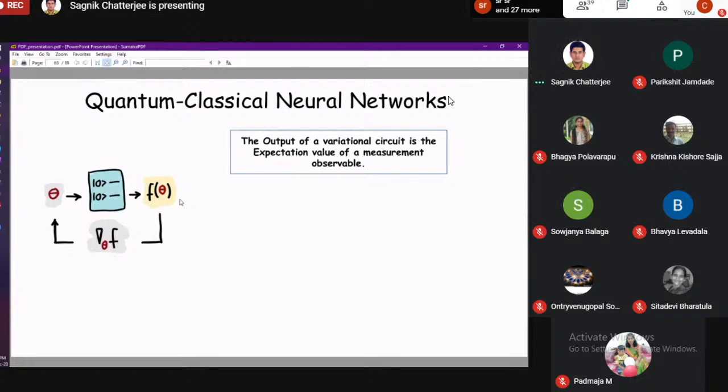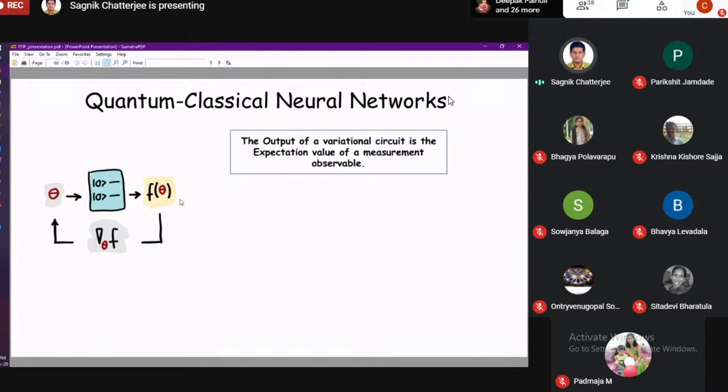We must take advantage of this property of quantum networks in order to emulate backpropagation. As you see in this circuit, you have an angle theta that goes into the quantum circuit, and you have an output f of theta. I wrote here that the output is the expectation value of a measurement observable, which means you measure a qubit and whatever you get, it need not always be the expectation.